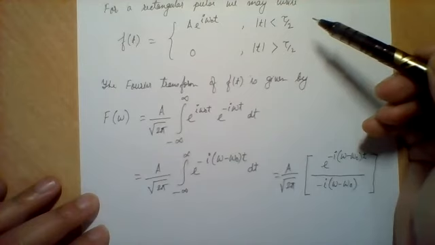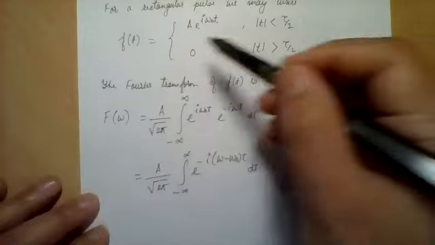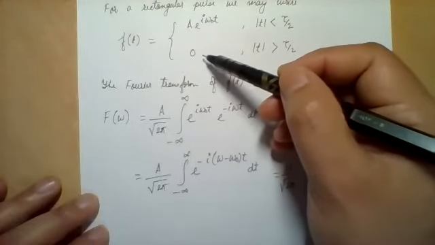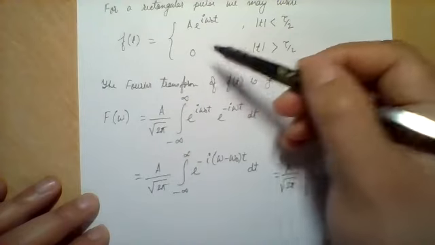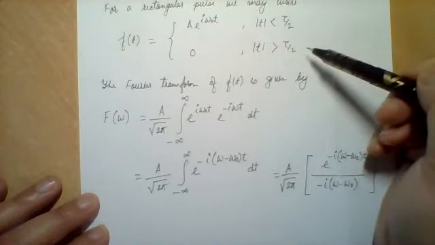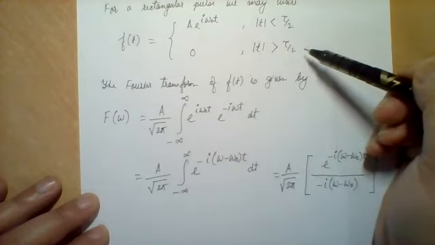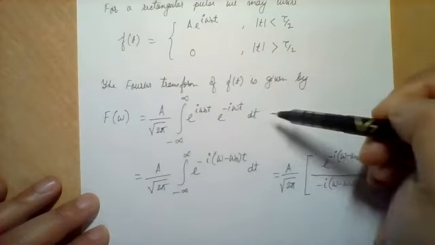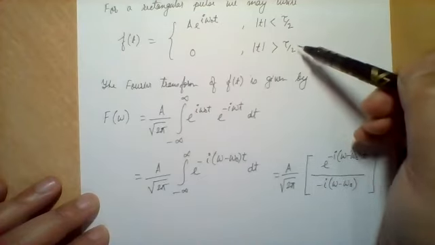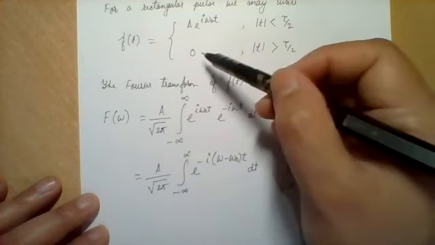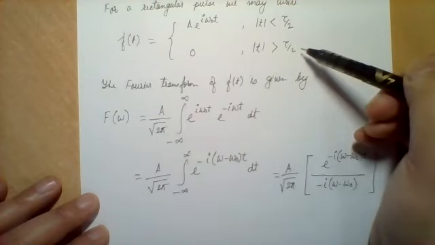In the interval minus infinity to minus tau by 2, the given function is 0, so the integral of that would be 0. Similarly, in the interval from tau by 2 to infinity, the function is again 0, so that integral will again be 0.